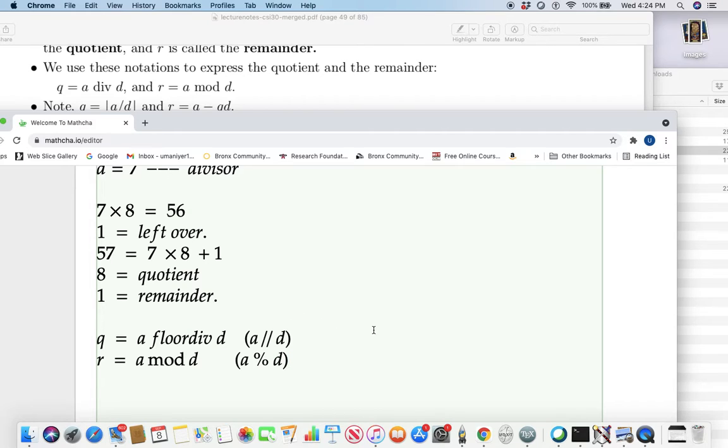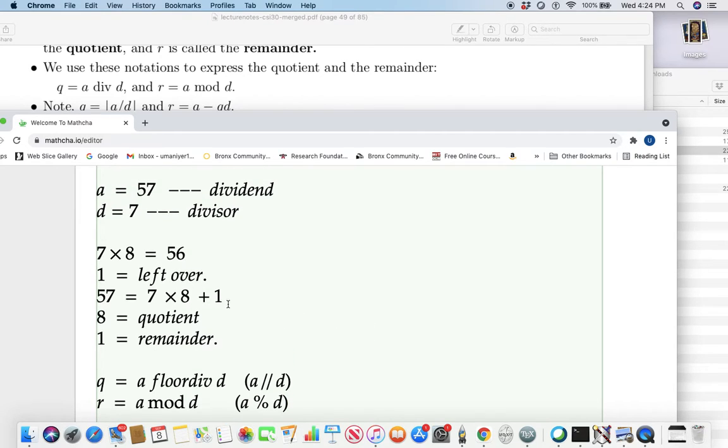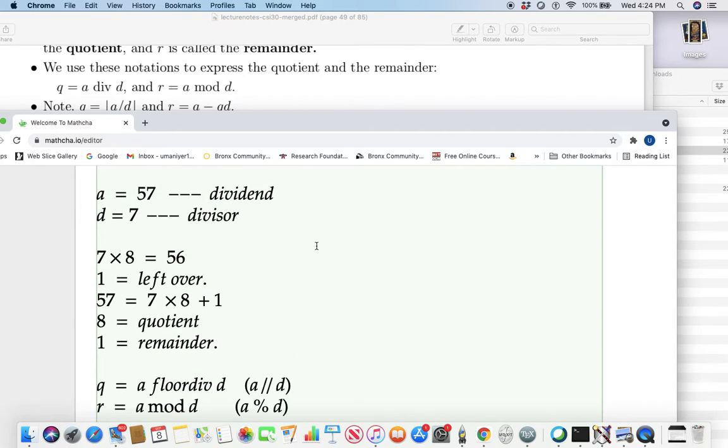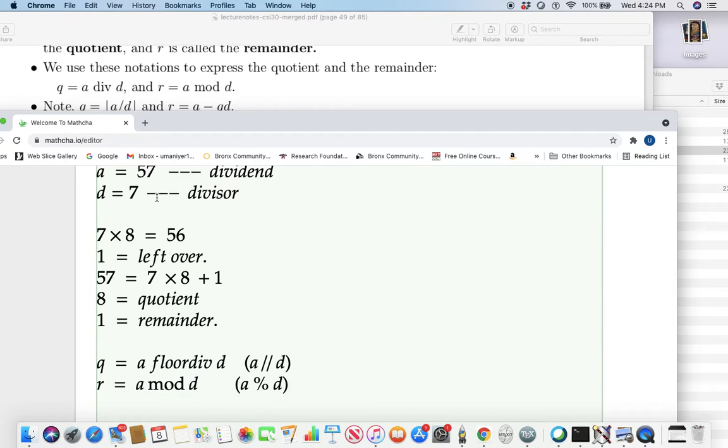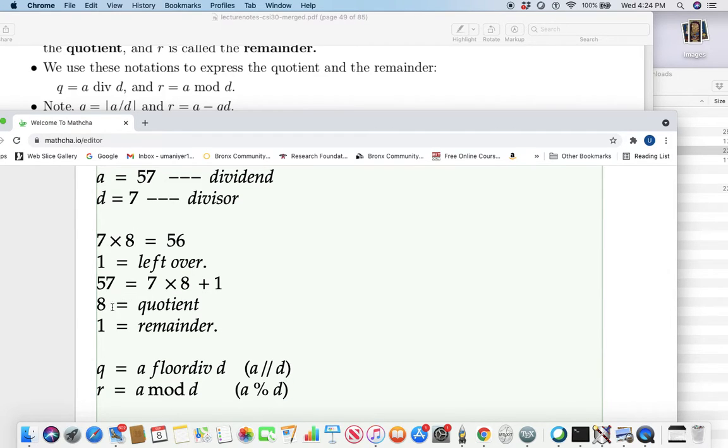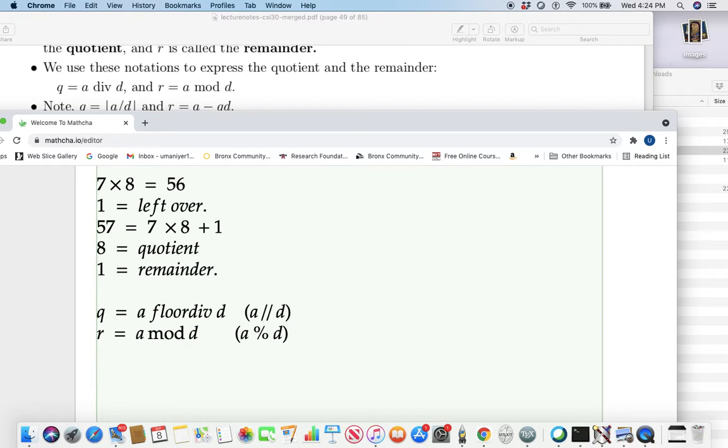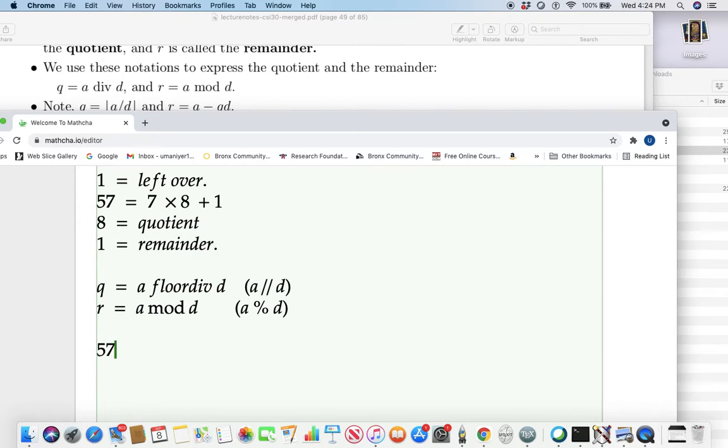All right, what does this mean? Go back to our example. 57 divided by 7. Quotient is 8. Well, suppose you took the fraction 57 over 7. We don't know this precise value. You know that it's going to be 8 point something, right?